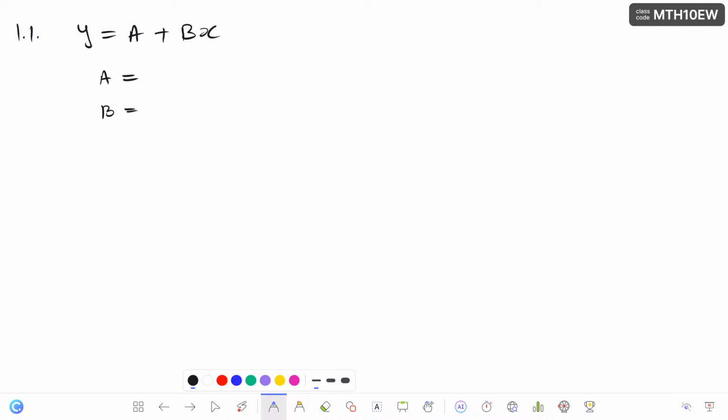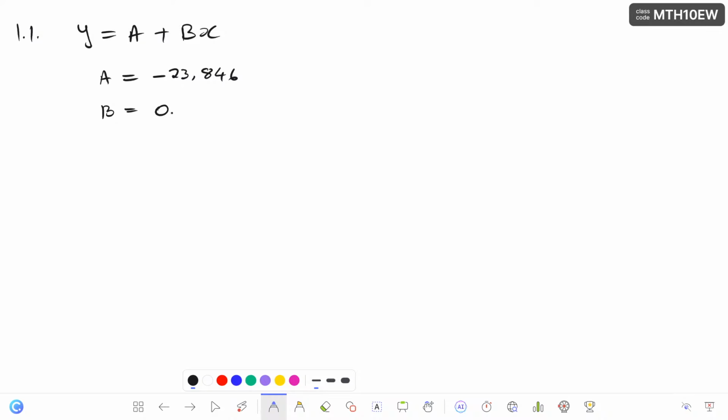Press shift 1, 5, then press 1. Our value of a is negative 23.846. Then press AC, shift 1, 5, then press 2 so we can get the value of b.